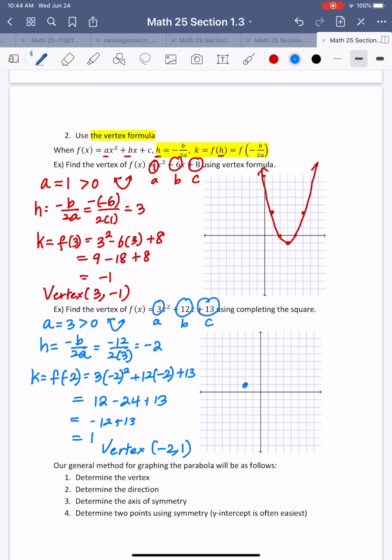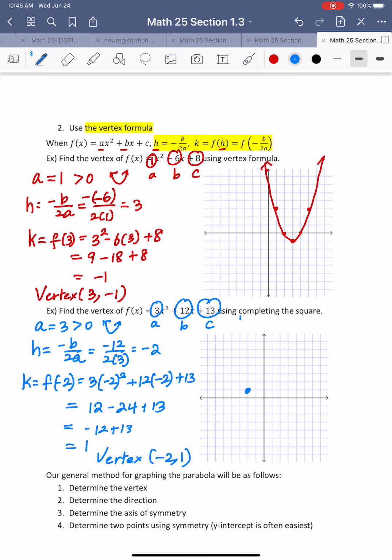And then if you plug in 0, you get 13. So I think it's too far. Now you can use negative 1 here.